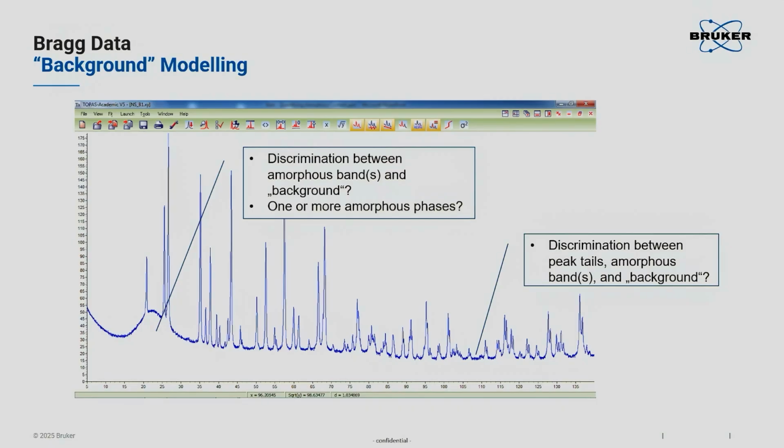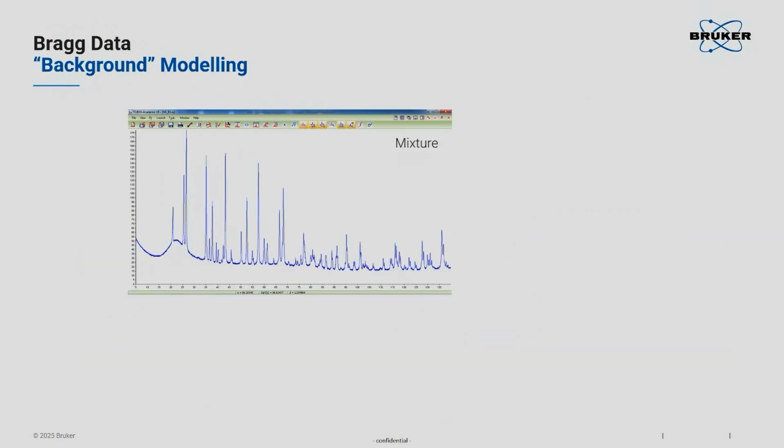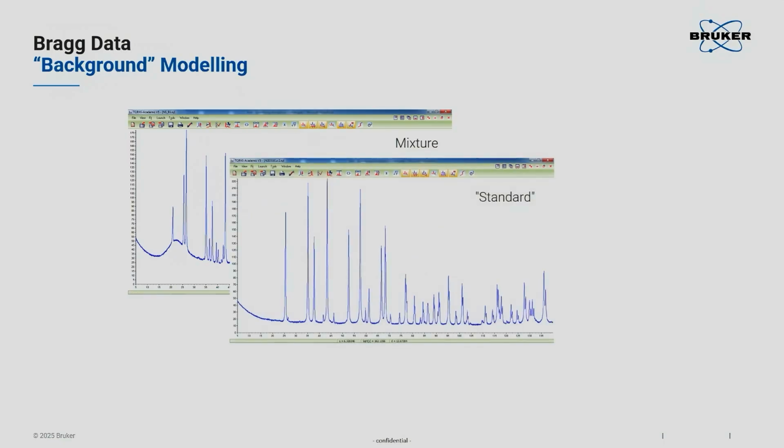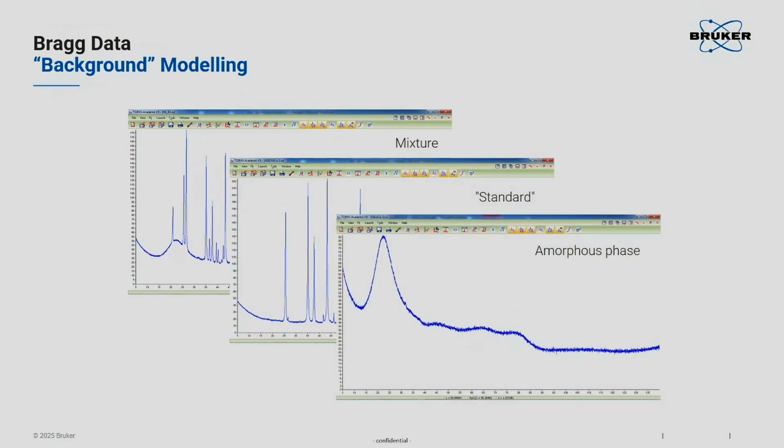And this is something I would like to show you in the context of quantitative phase analysis. I would say, if you're only dealing with a singular pattern, then you have a problem. But you can, for whatever reasons, have the possibility, or you're lucky enough to have, the amorphous phase pure.